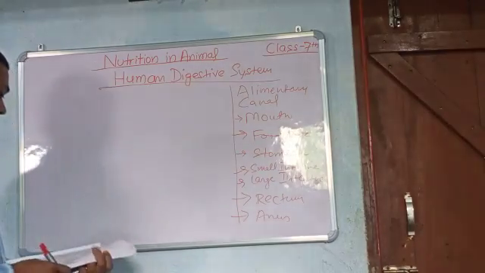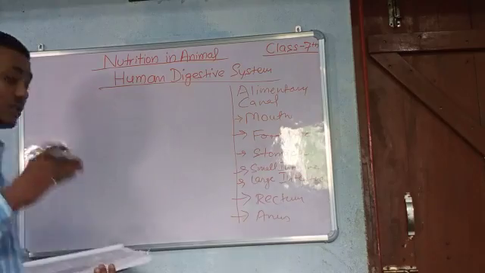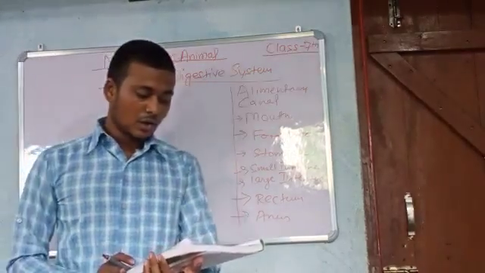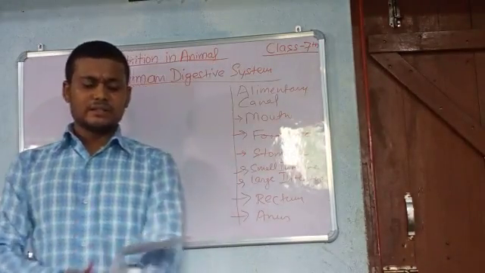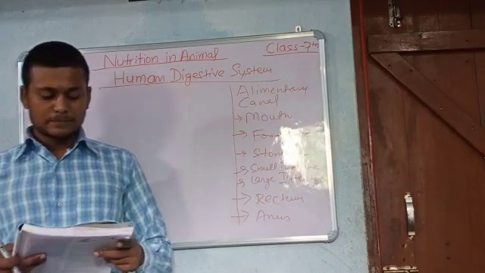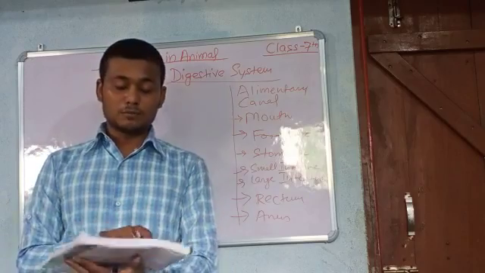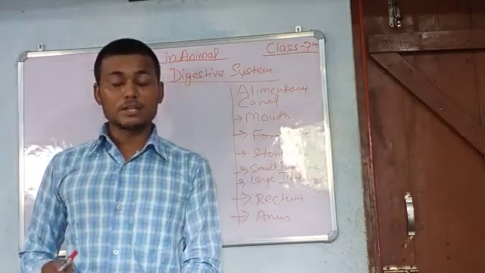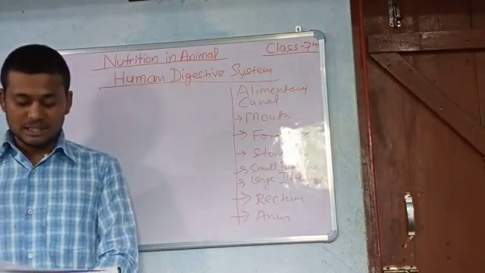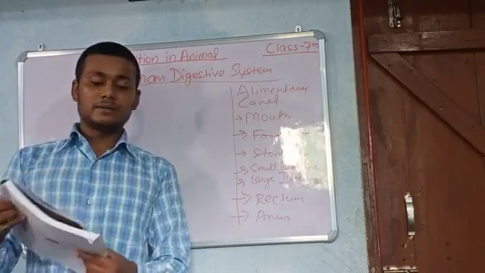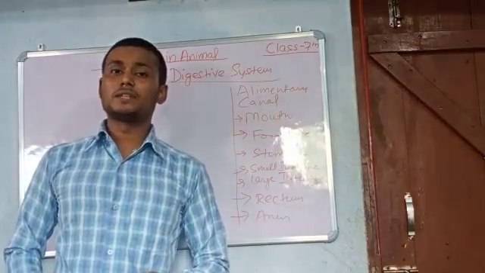Okay, first the process is digestion in the mouth, all the processes of the teeth and tongue. Then digestion in the stomach, digestion in the small intestine, absorption in the small intestine, then assimilation, egestion, and then removal of waste product.